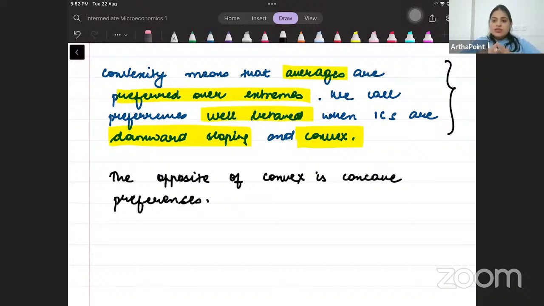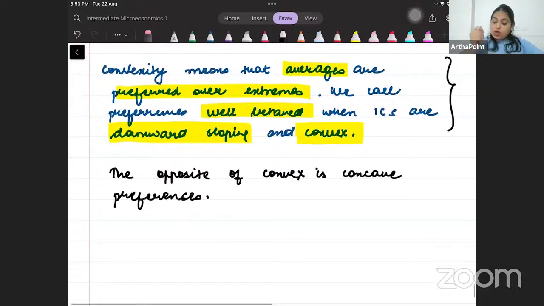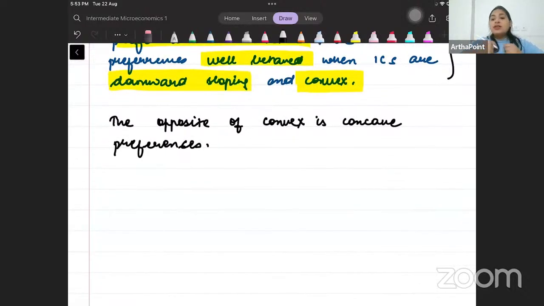Beta, what happens is that a lot of times you have goods which you don't want to consume together. जैसे for example, I don't want to have classical and hip hop music on the same day. या मैं क्लासिकल सुनूंगी या हिप हॉप, दोनों तो नहीं सुन सकती ना। I don't want to have sushi and chocolate ice cream on the same day. I don't want to have milk and wine on the same day, right? So concave represents those preferences.